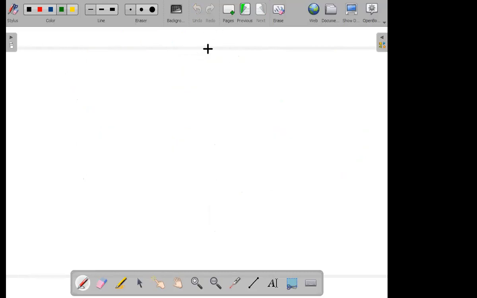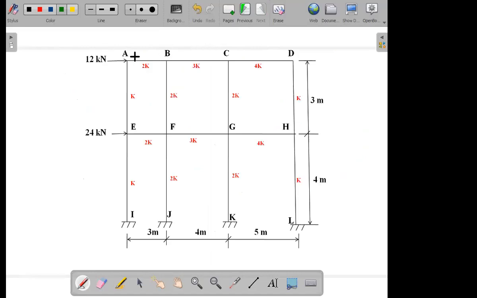Next, the bending moment diagram for columns. While drawing, I am just copying and pasting this now, which is why these loads have come. While drawing the bending moment or shear force diagram, you have to draw a free body diagram. In the free body diagram there are no external loads, so you can remove the external loads. You need not draw them. And the shear force diagram for columns is the same.